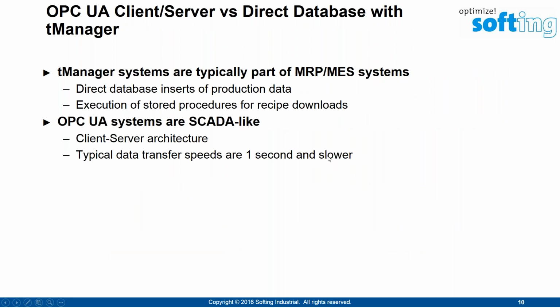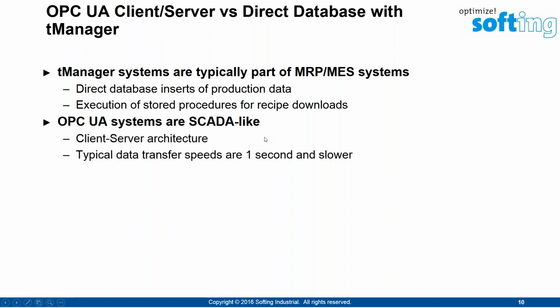So a little more on the applications for each one. tManager's systems are typically used in manufacturing processes. For example, database inserts of production data or execution of stored procedures for recipe downloads. On the other hand, the applications for OPC UA systems are typically SCADA-like.